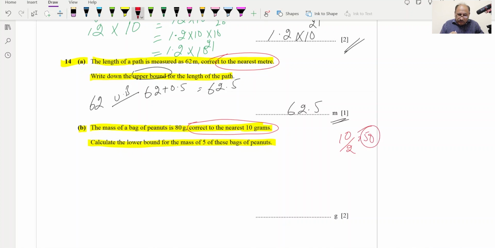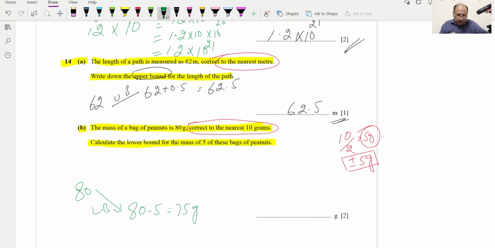So we add and subtract 5 grams for upper and lower bound, and we require the lower bound. The lower bound of 80 will be 80 minus 5, which is equal to 75 grams.